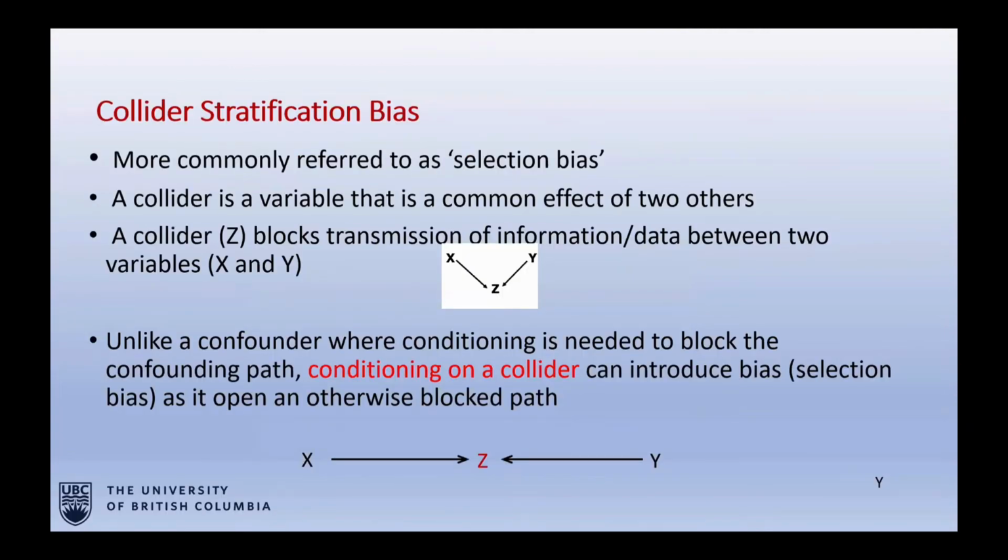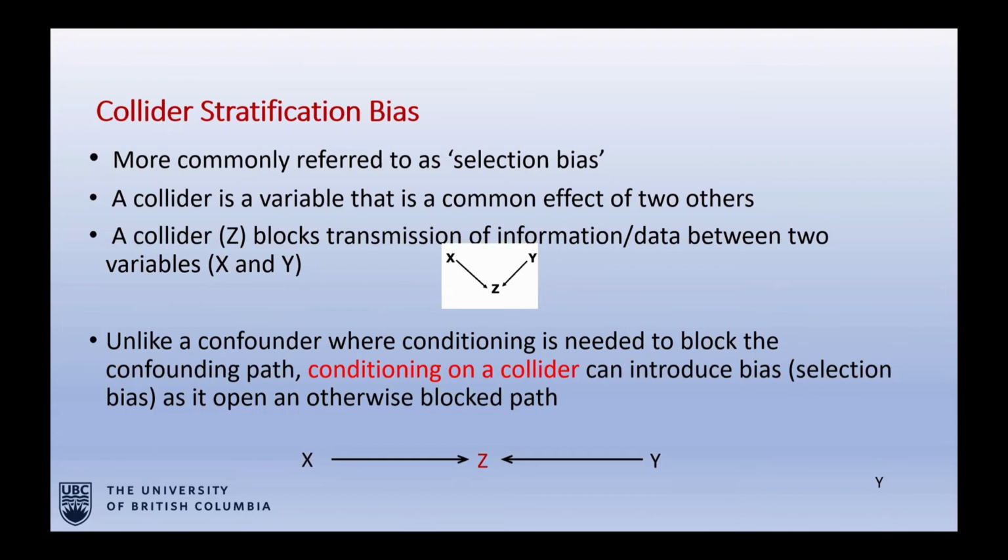And if we look at the structure of selection bias, a fancier term for this is collider stratification bias. So again, confounder was a common cause situation. Here we have a common effect situation.